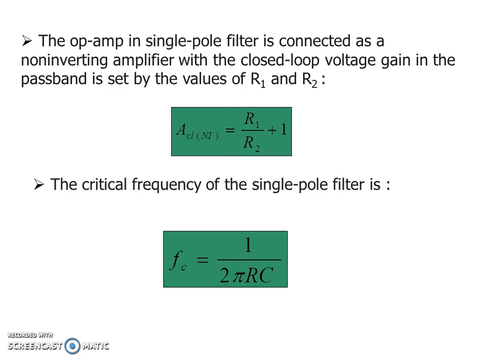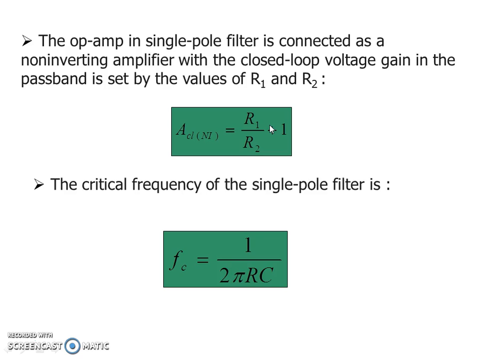So taking this formula, Fc is equal to 1 by 2 pi RC, and following the design steps of a high pass filter, that is assuming the value of C, finding the value of R, and substituting the values of the gain resistors, 1 plus Rf by R1 or 1 plus R1 by R2, we can obtain the gain, where this variation of gain makes this particular circuit an active filter.